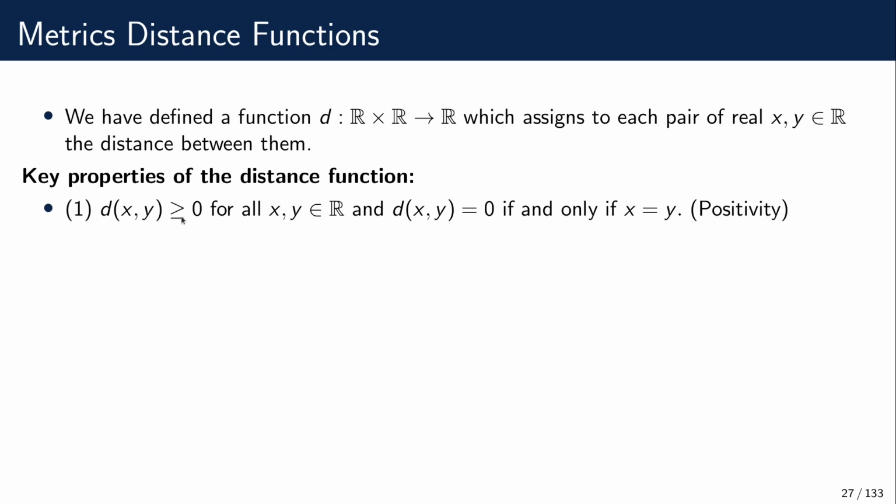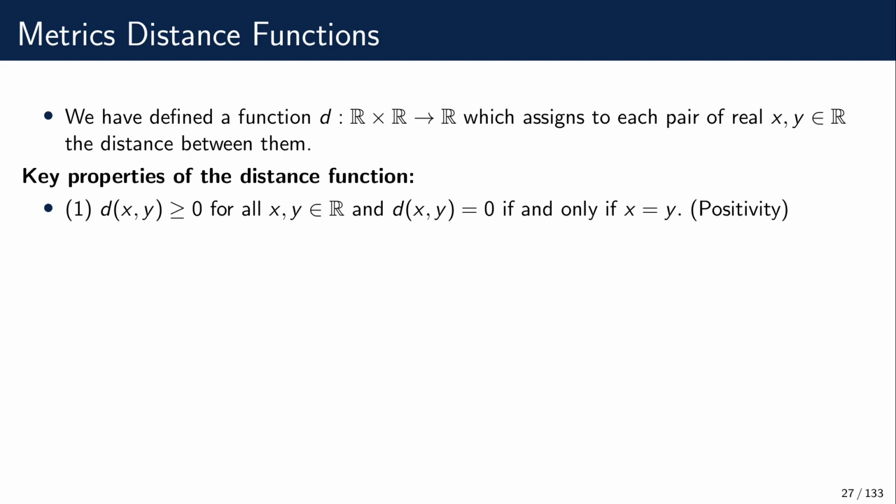We expect that the distance between any two entities between which the distance is defined would be non-negative, and of course we want the distance to be zero only in the case where these two entities are the same. So of course, in the case of points on the real line, we want the distance between them to be zero if and only if it's the same point, right? This property of the distance function, that any distance function is desired to have, is called positivity.